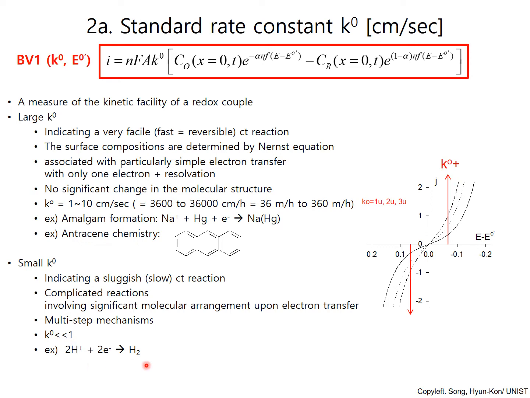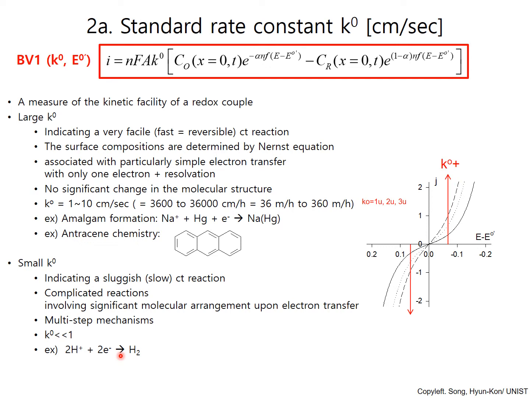Here is the hydrogen evolution reaction: 2 protons getting 2 electrons going to hydrogen gas evolved. It looks very simple. However, this reaction has a multiple step mechanism, so the standard rate constant is very small.